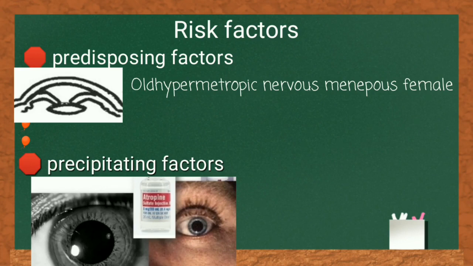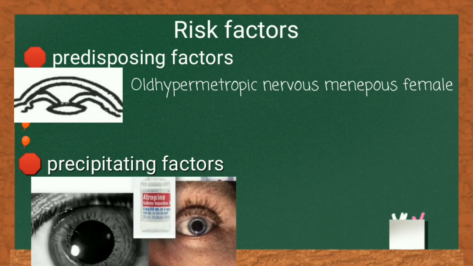In primary angle closure glaucoma, they are people with small eyes, like Chinese people, or people with hypermetropia, because hypermetropic eyes are small. In a small eye, the contents are nearer to each other, so the iris becomes nearer to the cornea.